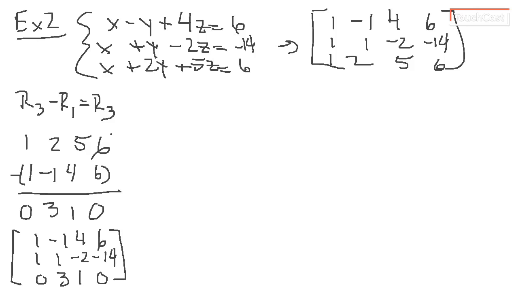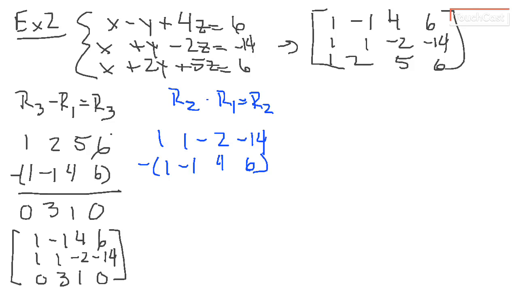And really, before I can continue finishing that row, I'm going to also eliminate that first term in the second row. So I'm going to go R2 minus R1 to get my new second row. So I'm going to go 1, 1, negative 2, negative 14, minus 1, negative 1, 4, 6.